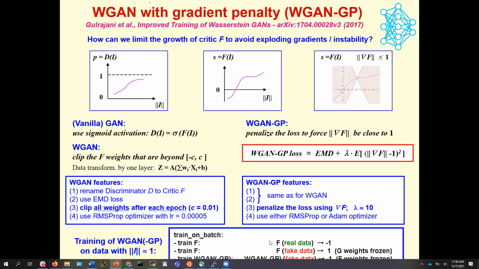That's why the limiting values in this case would be +1 and -1 for the critic, whereas for the discriminator, the limiting values were 0 and 1. Now that's limited by +1 and -1, and that's why we change the training procedure.